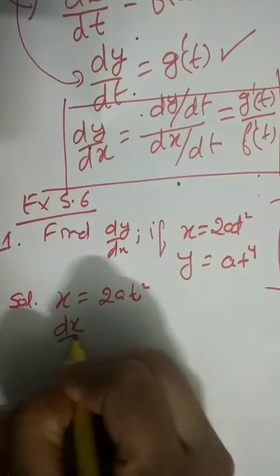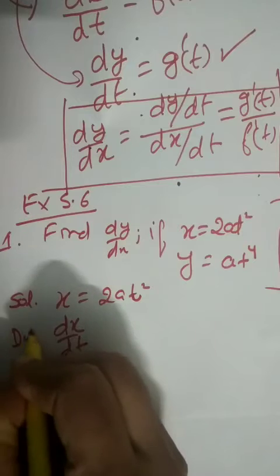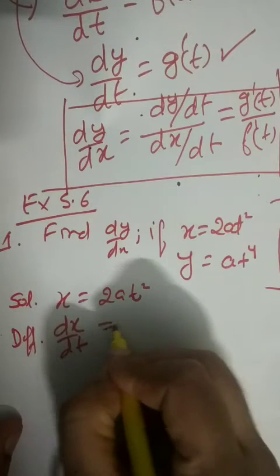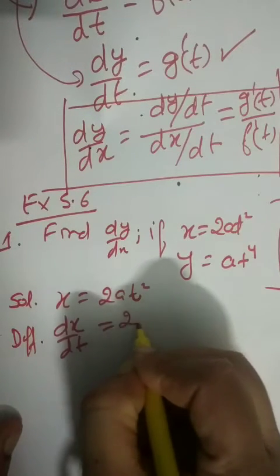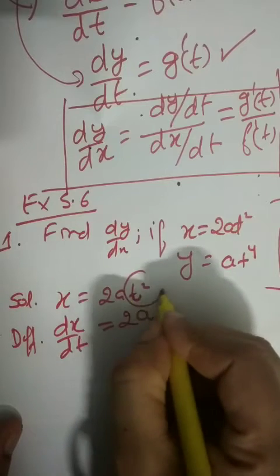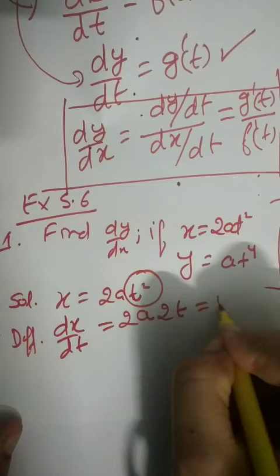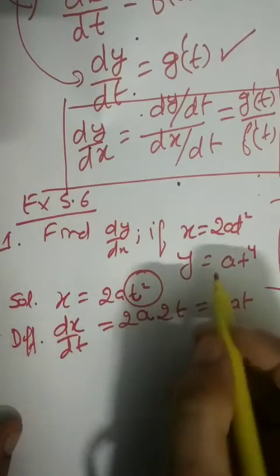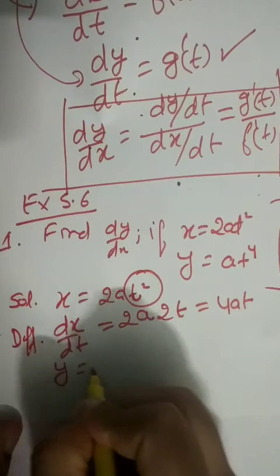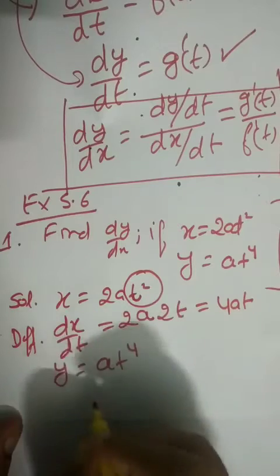So dx upon dt, after differentiating, we will get 2a is constant, it will be same, and derivative of t square will be 2t. So this will become 4at. Similarly, you write the value of y, which is a t raised to power 4.